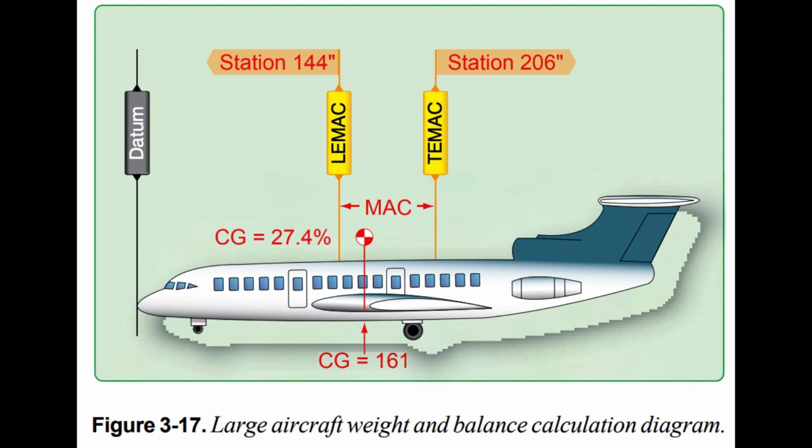CG equals 161. End of page 3-8. In order to find the percent MAC, first determine the distance of the CG from LEMAC. CG minus LEMAC equals distance from LEMAC. 161 inches minus 144 equals 17.